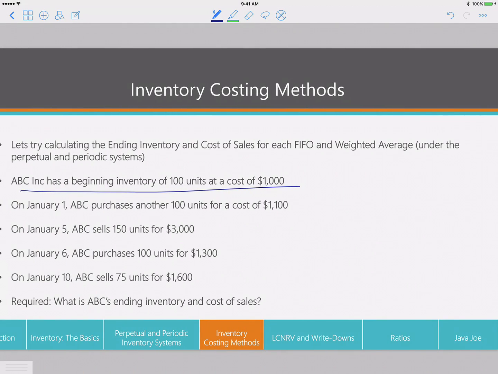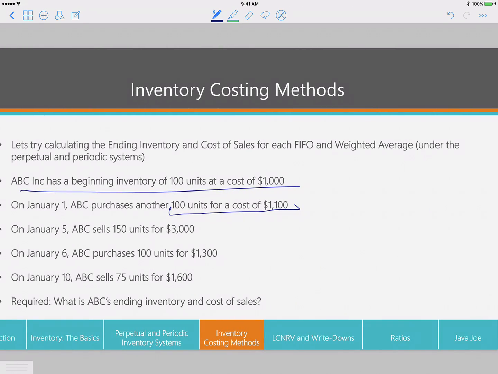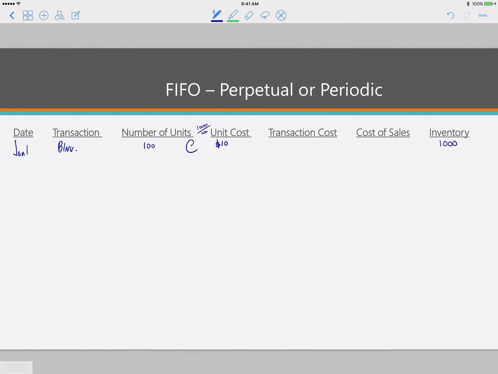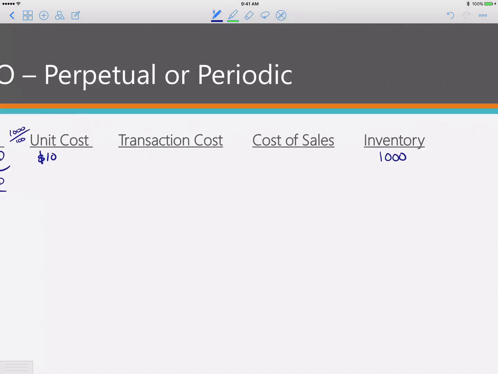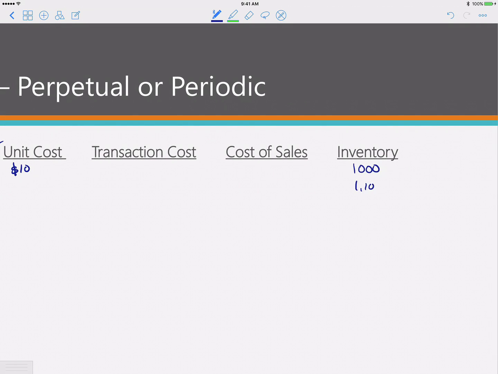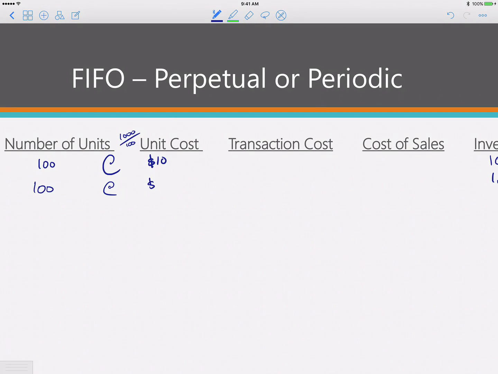I'm going to go to our next transaction. We purchased another 100 units for a cost of 1,100. So we're adding this to our inventory. So January 1st, we had a purchase of 100 units, and we purchased it for 1,100. So 1,100 divided by 100 gives us 11.